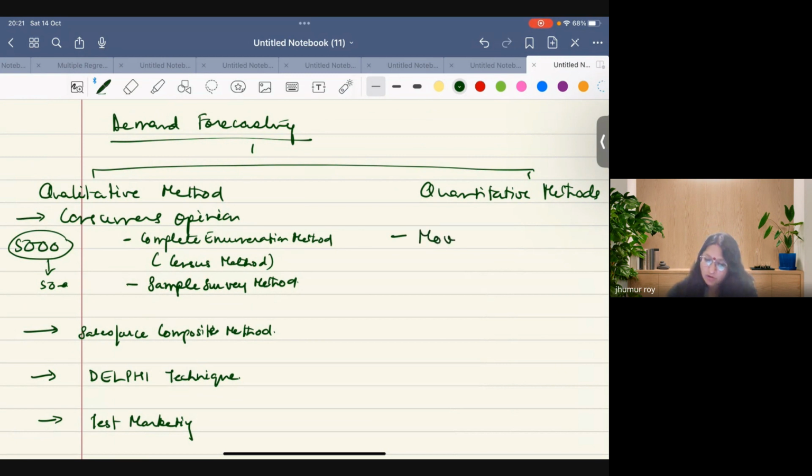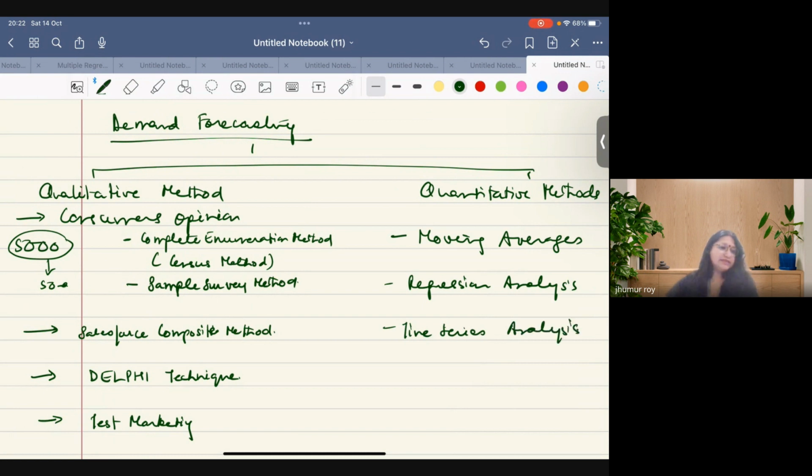The first is called the moving averages, and the second is regression analysis. And you can also say time series analysis. So this is the area which I will cover, and I'll try to do at least one question.